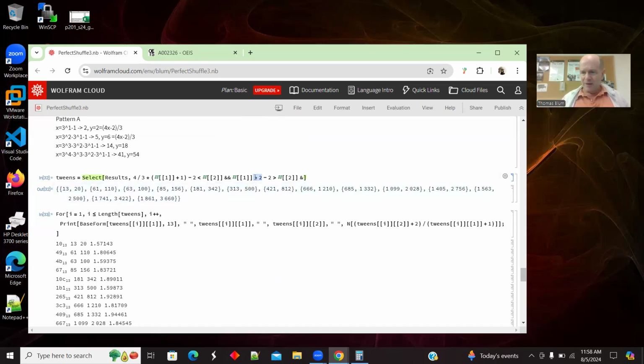So between there were still some even rarer things showing up between the upper bound and this 4/3 sub-upper. And I just said select from the results, and I wanted the y to be greater than the 4/3 line and less than the upper bound.